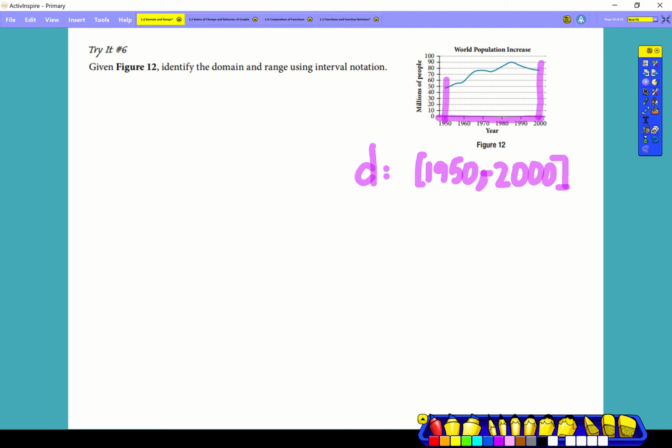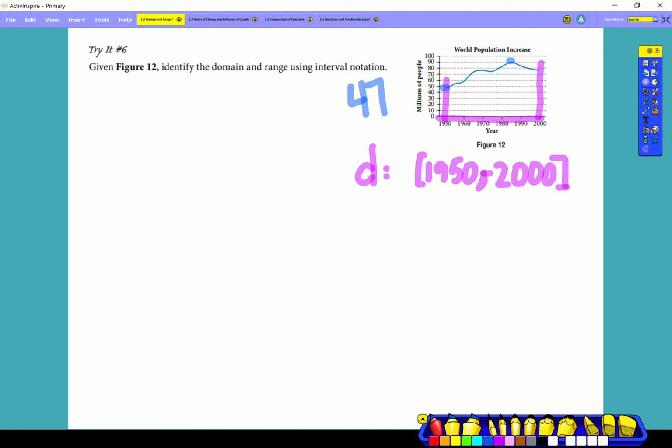Now what about our range? So our range is these values on here. So we're looking for here to, that's the lowest point on the graph. That looks like about 47. We'll say it's about 47. That's fair enough.